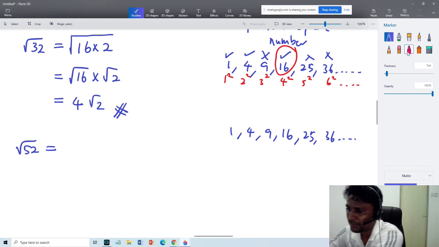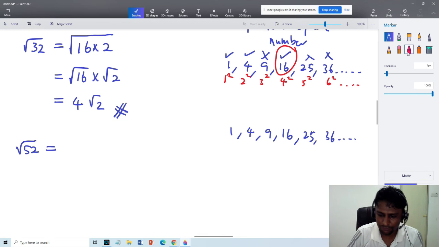So when you press the calculator, 52 divided by 16, you get a decimal. 52 divided by 36, you get a decimal. 52 divided by 4, I think only 4 is working, right? So 52 divided by 4, you get 13.